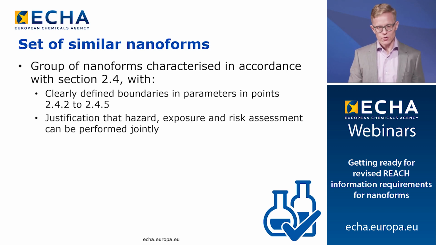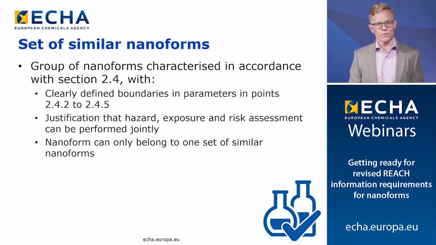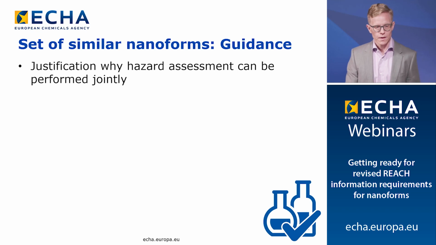In addition, you need to provide a justification demonstrating that the hazard assessment, exposure assessment, and risk assessment of the nanoforms in the set can be performed jointly. Further, a nanoform can only belong to one set of similar nanoforms.